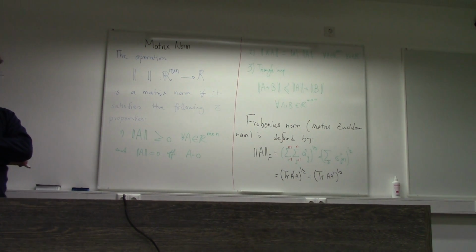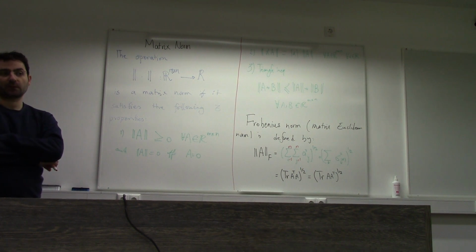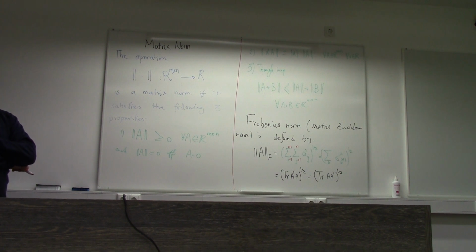These are the sigmas from the singular value decomposition, of course. So what is the starting and the ending point? It starts from 1.